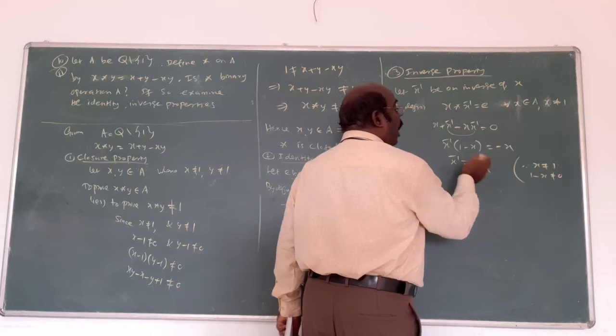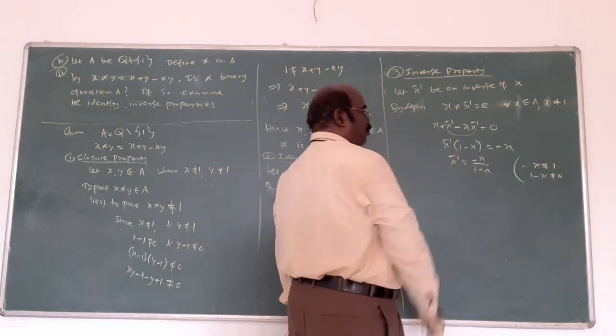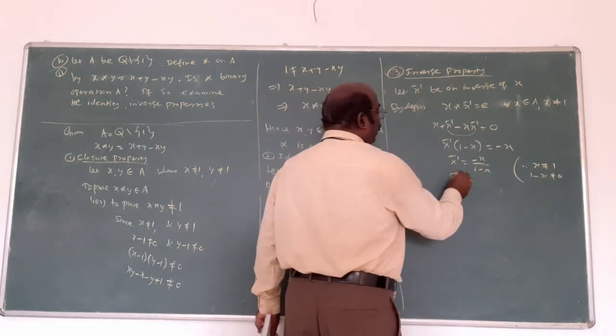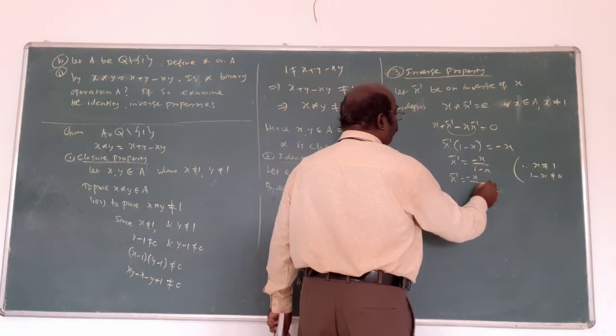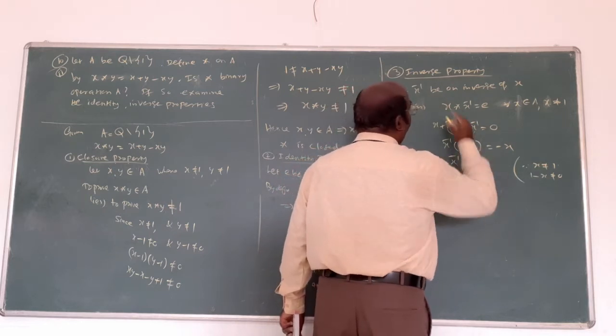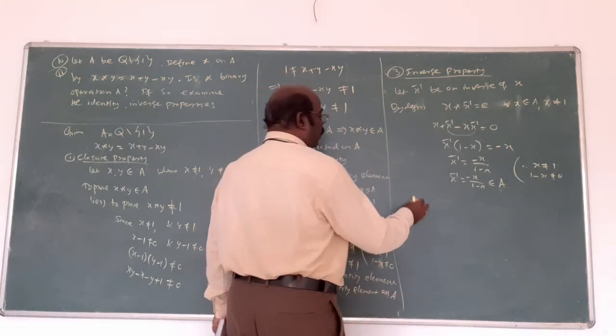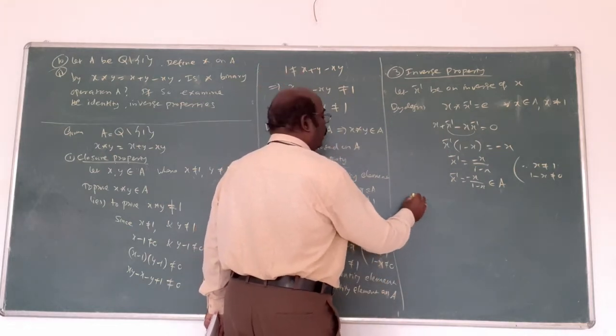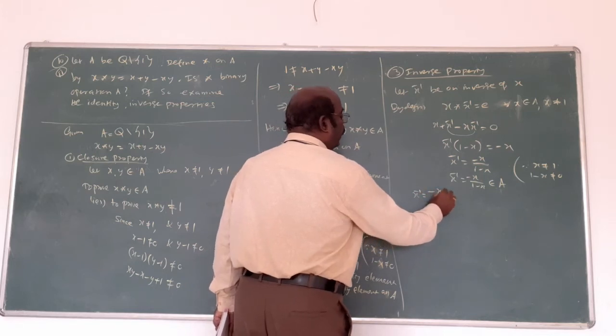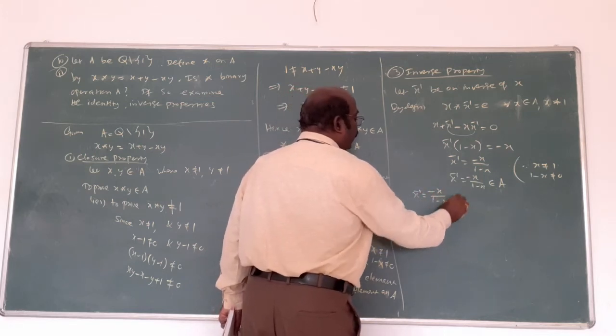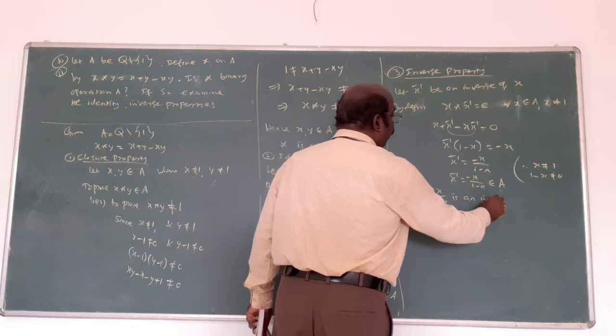Our denominator is not equal to 0. That is true. Therefore, this also belongs to A. Am I right? Therefore, the right answer: x inverse equal to minus x by 1 minus x is an inverse of x.